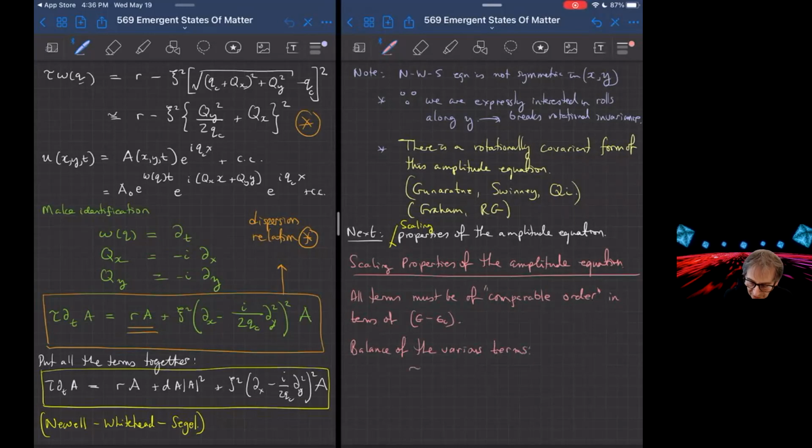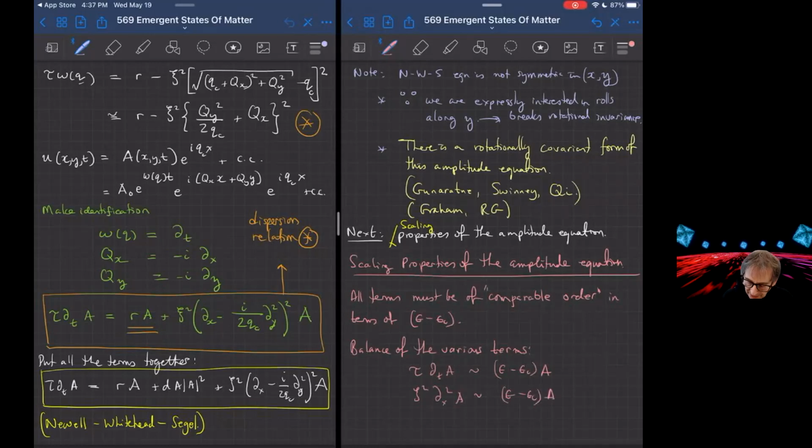So we can see straight away that tau d by dt of A has to be of the same order as R times A. So that's order epsilon minus epsilon c. On the other hand, if I look at the term psi squared times dx squared of A, that also has to be of order epsilon minus epsilon c.